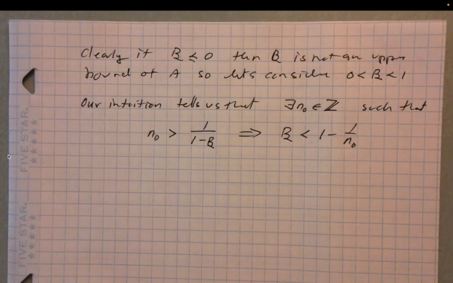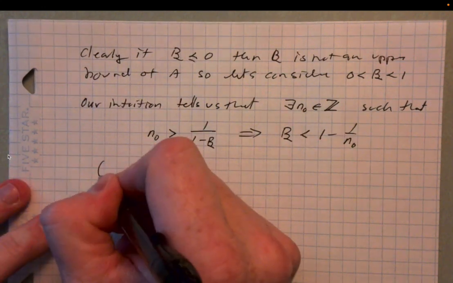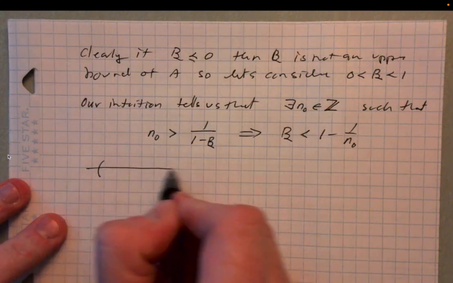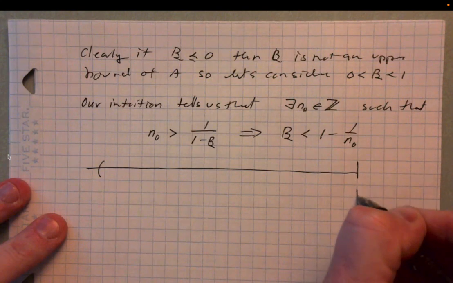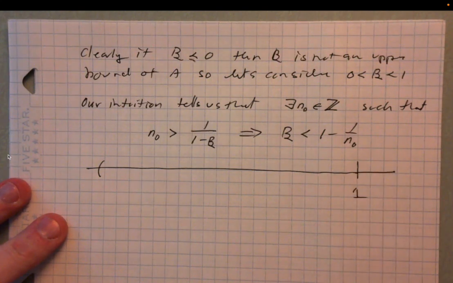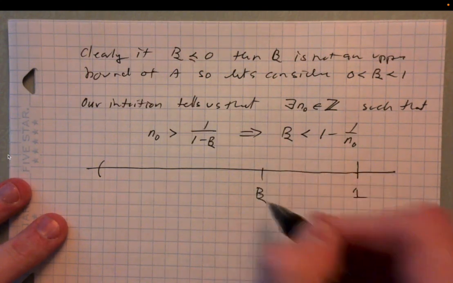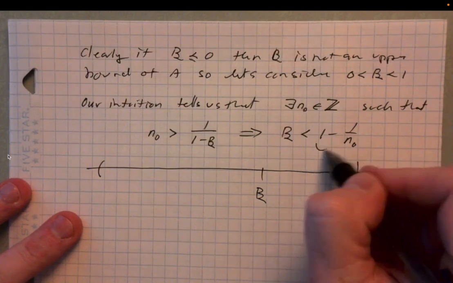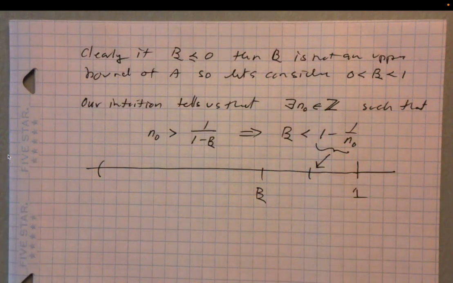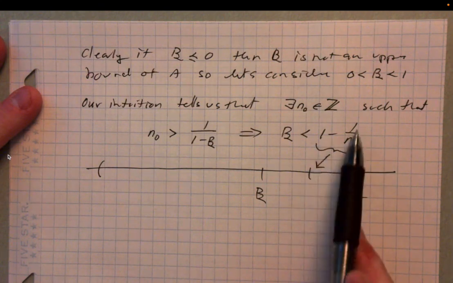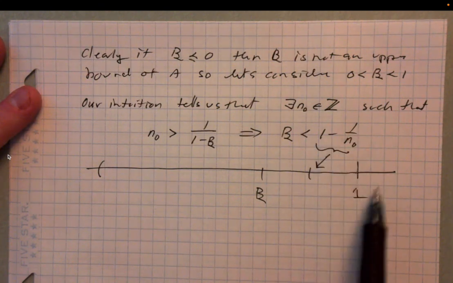All right, and so what does that mean, kind of in a picture? Here I've got maybe the number 1 up top, maybe my beta is down here, and this guy here is somewhere in this interval. We'll just put it right there. Okay, 1 minus 1 over n naught is certainly less than 1, right?